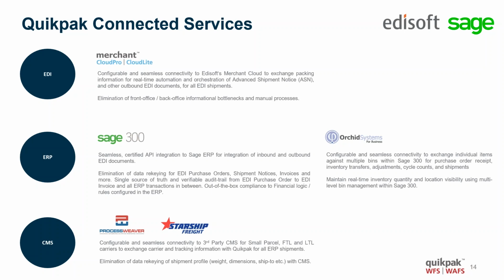And each one of them has a unique structure. So by connecting our order management or EDI platform to our warehousing platform, we're able to automate the creation of those documents and the sending of them. So as you are picking and packing in the warehouse, we are at the same time capturing that packing structure for use on the EDI documents. That's unique to Edisoft and how we provision that.